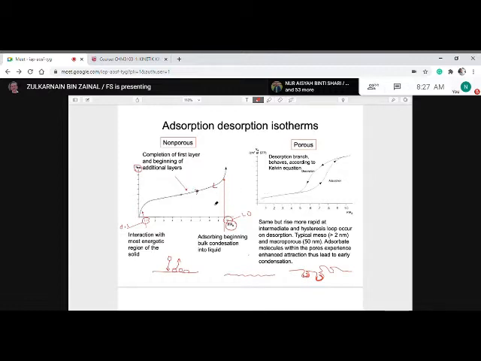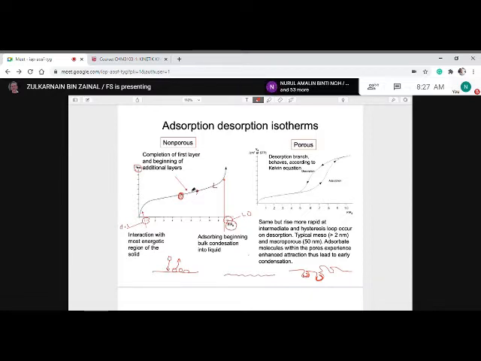It means that the amount of pressure that you need to adsorb a certain amount of adsorbate is also the pressure you need to desorb the same amount of adsorbate.